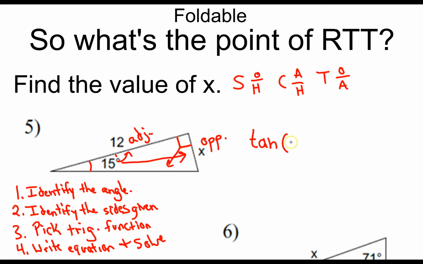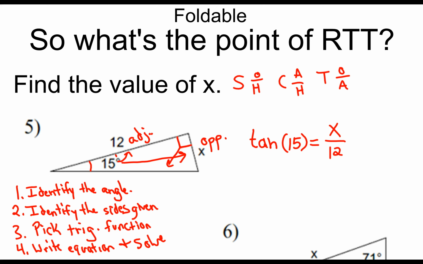So in this case, my angle is 15, so I'm going to write 15 in there. So the tangent of 15 is equal to the opposite, in this case, x, over the adjacent, 12. So that's my equation. Now, I need to solve this equation for x. So I need to get x by itself. So let's talk about how we can do that.